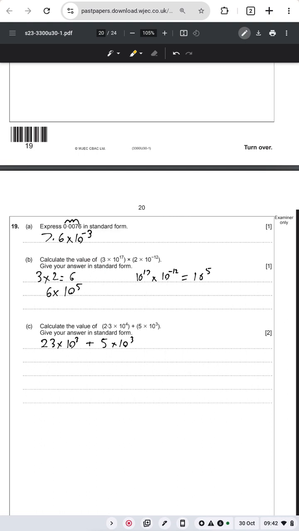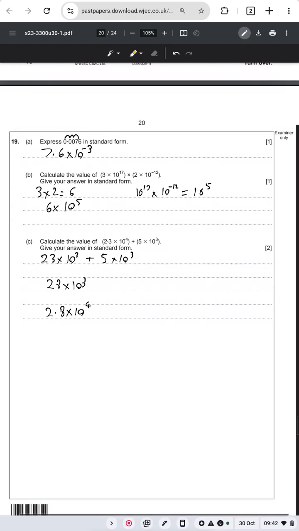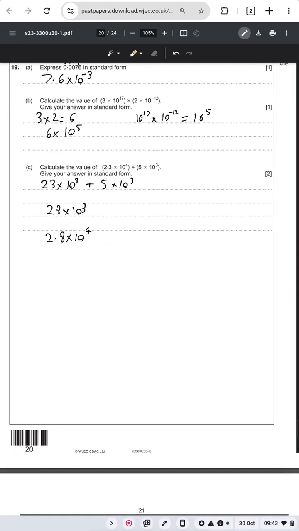Because the powers are the same, we can now just add. So we have 28 times 10 to the 3. And we need to convert this back into standard form. So this is 2.8 times 10 to the 4 because we have to divide by 10, which adds an extra power of 10 onto the powers.